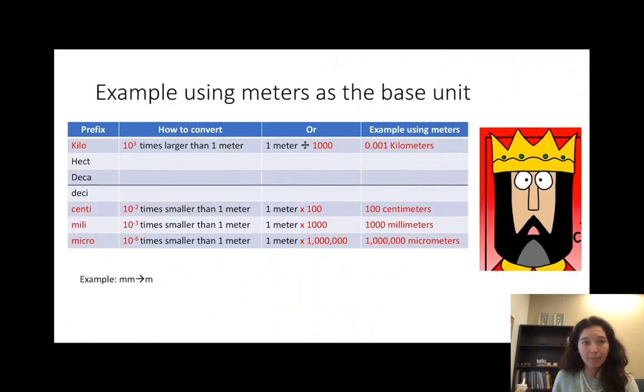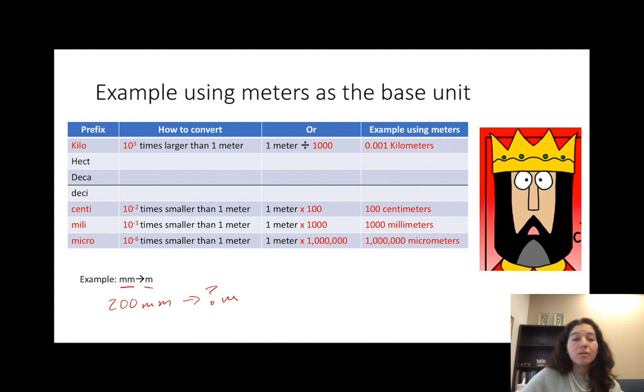So let's work an example. Let's look at converting millimeters to meters. So millimeters are itsy bitsy tiny, right? Really, really small compared to a meter. So let's say we have 200 millimeters. And we want to know how many meters is that? Well, we can use unit conversion to do this.